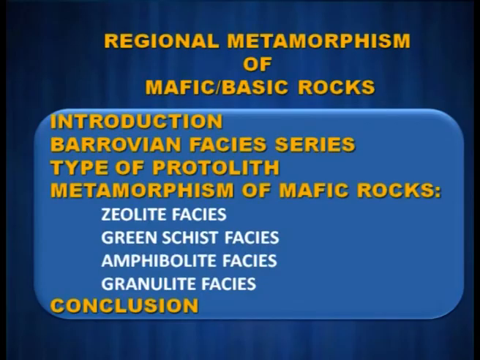The course content on regional metamorphism of mafic/basic rocks began with the introduction, followed by the description of characteristics of mafic rocks, metamorphism of mafic rocks with a detailed comparison from zeolite to Granulite facies with the help of ACF diagrams, important reactions and changes during prograde metamorphism of mafic rocks.